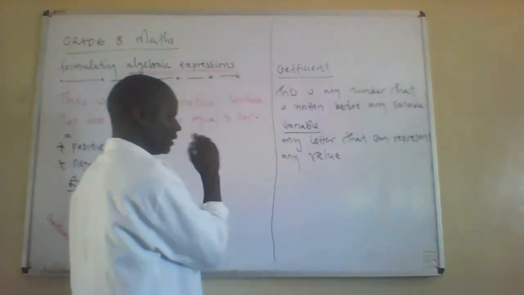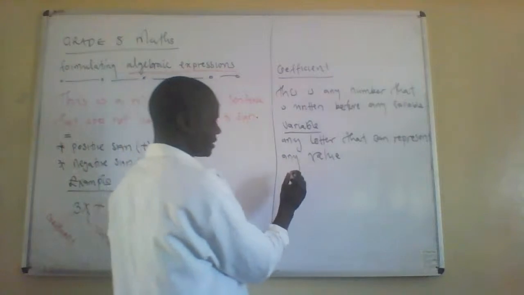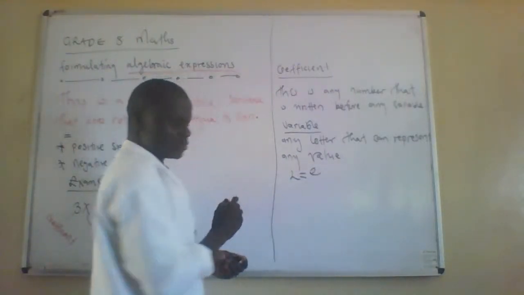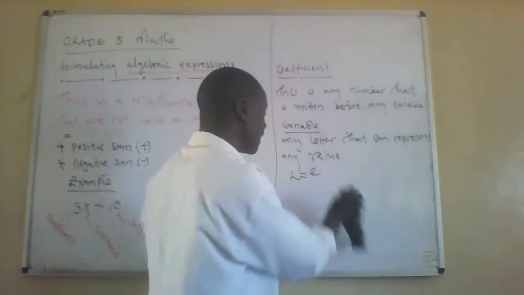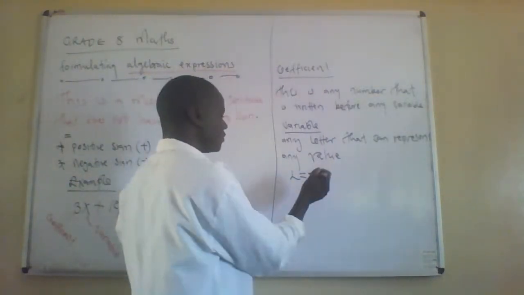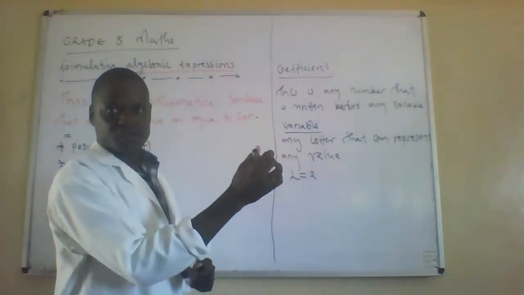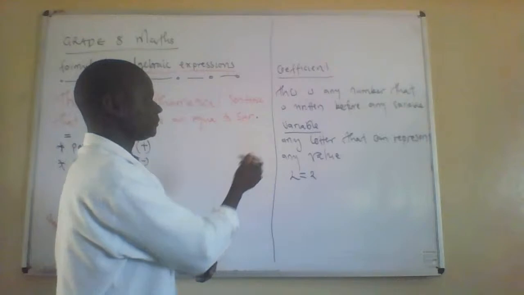Now, what do I mean? You can have a variable such as L, which can represent a number 2. So 2 is a value that the variable is representing.